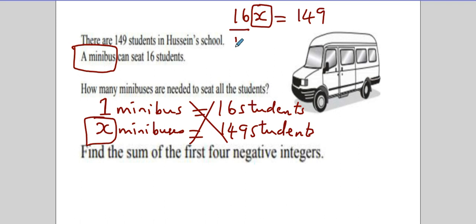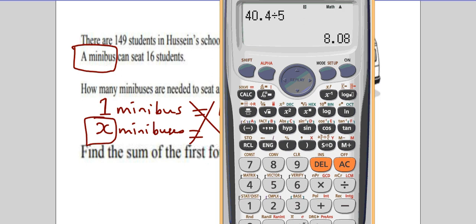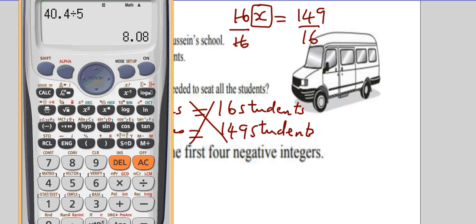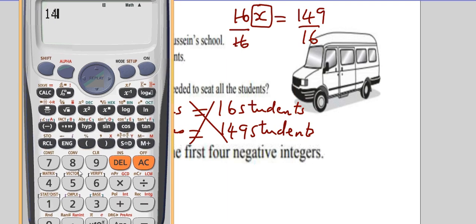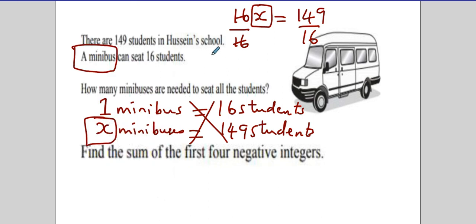So I have to divide by 16 on both sides. Then pull out the calculator and do 149 divided by 16. See that? We are getting 9.3125.